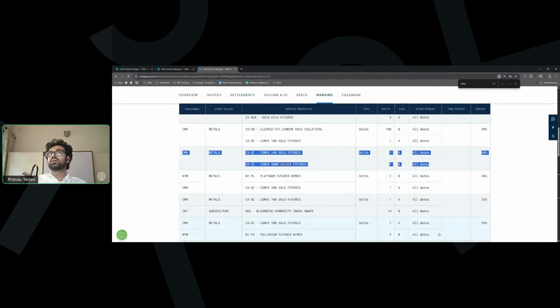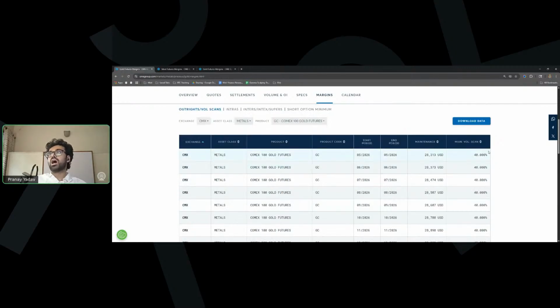So by going on a gold to silver spread, you've actually had to post less than half of the margin requirements of each of those positions individually. Does putting numbers around that help? I'm hoping that makes it clear because I can see most of the questions were around margin offsets.